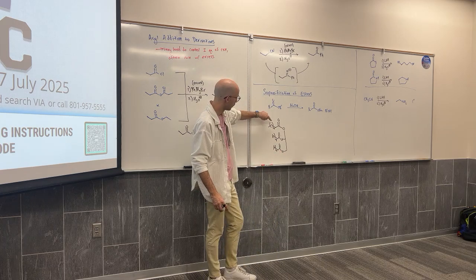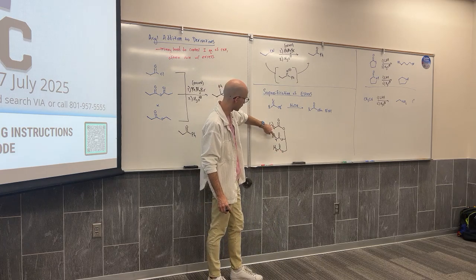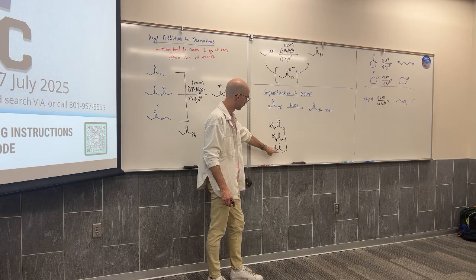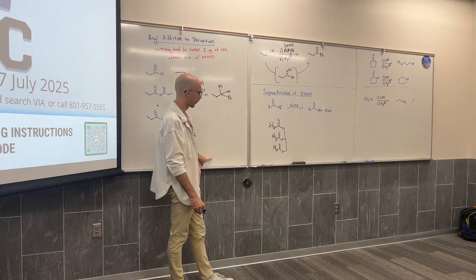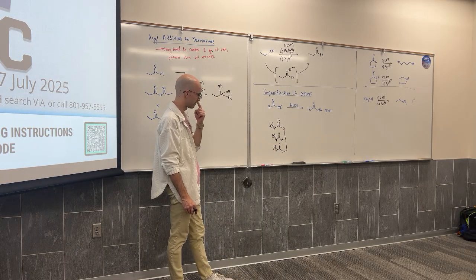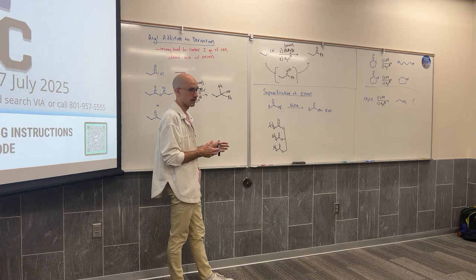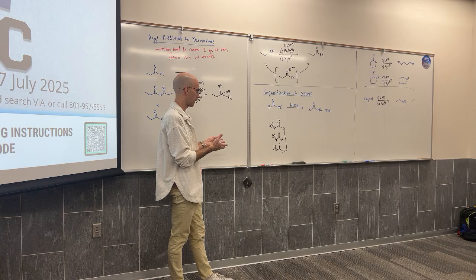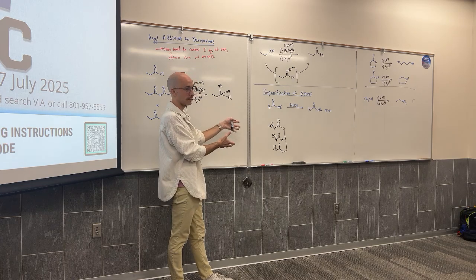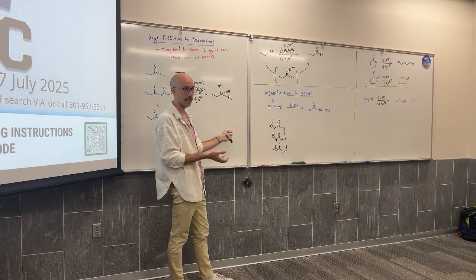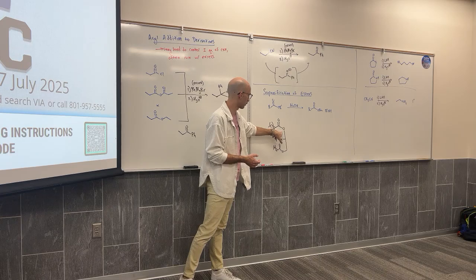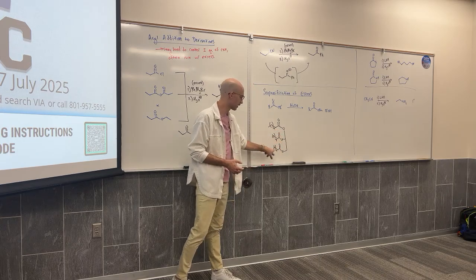So I'm saying 14 units of CH2. I just didn't want to draw that 14 times. Would you agree that this triglyceride, a bioorganic compound, is an ester? It's actually a triester. Here's an ester group, here's an ester group, here's an ester group.